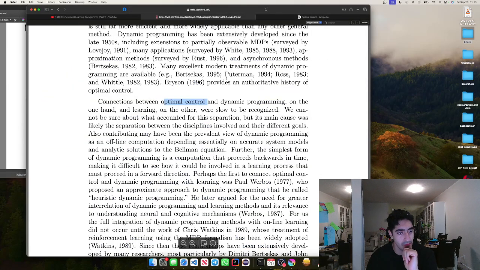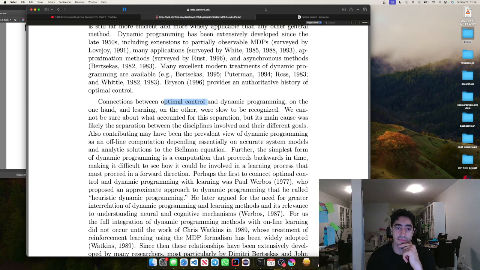You can't be sure about what accounted for this separation, but its main cause was likely the separation between the principles involved and their different goals. Also contributing may have been the prevalent view of dynamic programming, of an offline computation depending essentially on accurate system models and analytic solutions to the Bellman equation.